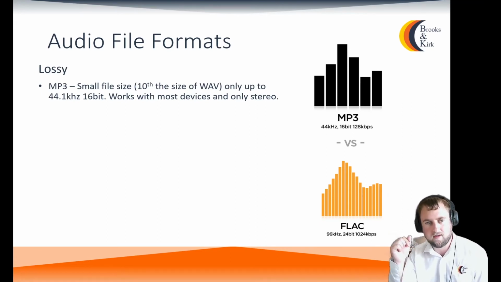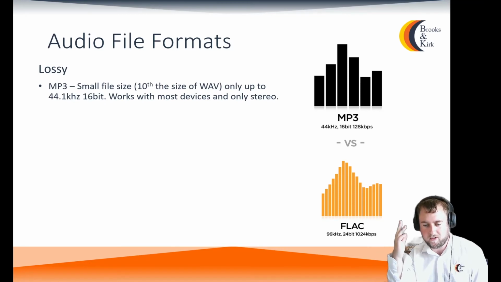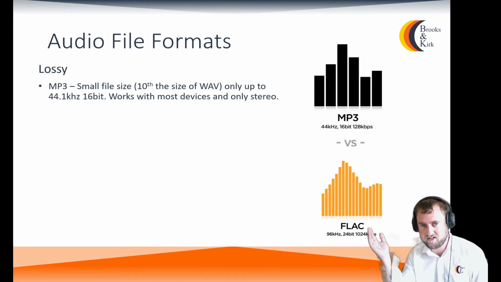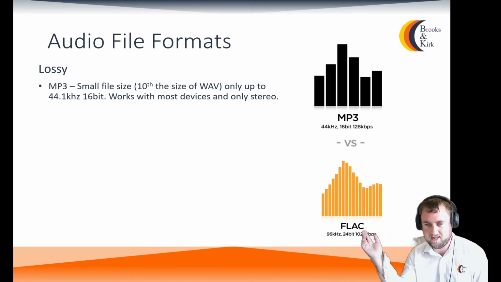And one good way of explaining how MP3 works is, if you think the human hearing range is 20 hertz to 20 kilohertz, what an MP3 could do is remove anything above 20 kilohertz and remove everything below 20 hertz, because it physically can't be heard, so you could just get rid of it.